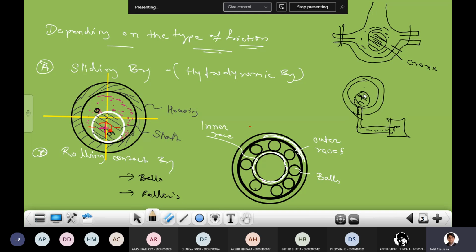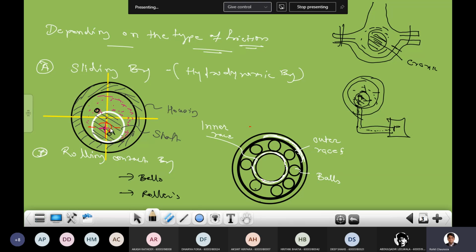What will this lubrication do? It lifts the shaft, and then the center of the shaft and the center of the housing are going to coincide, and we'll get a uniform film thickness around the shaft. Initially, when our system is at the stationary condition, we'll get direct metal to metal contact, that is, the shaft and housing are going to be in contact. The hole, or housing, is going to be in contact with the shaft when our system is stationary.